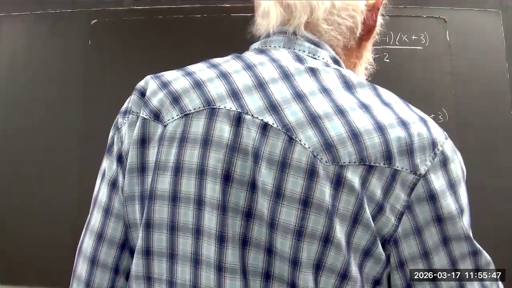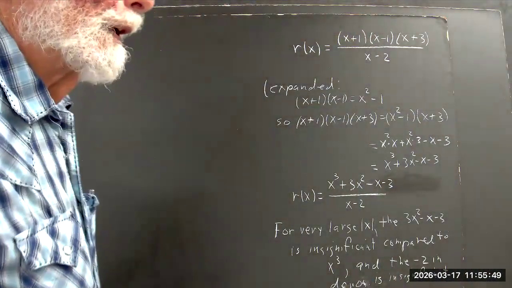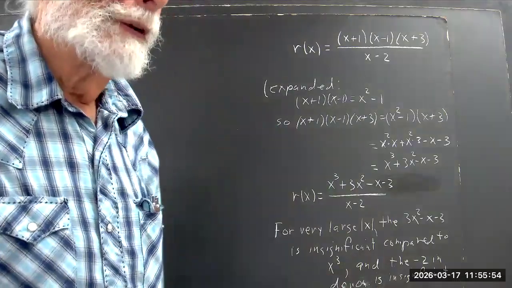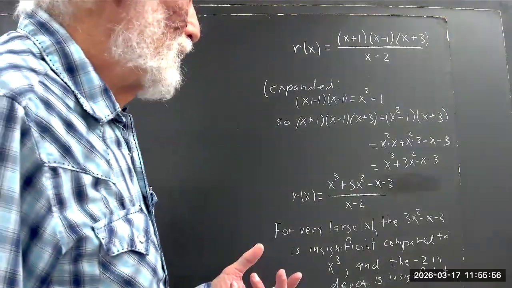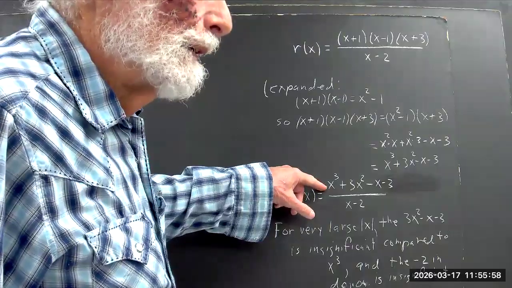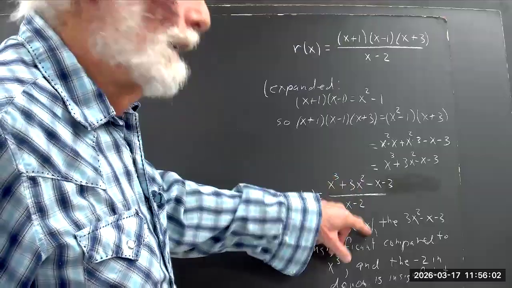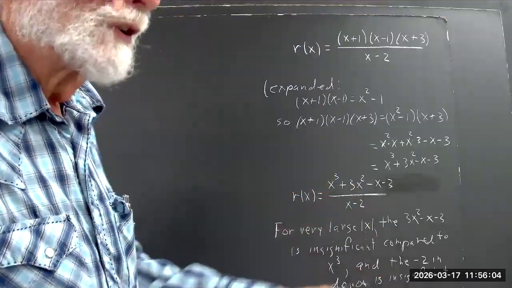Now you can decide how insignificant. No matter how insignificant you want to make insignificant, you can find an x big enough that the rest of the expression is that insignificant.